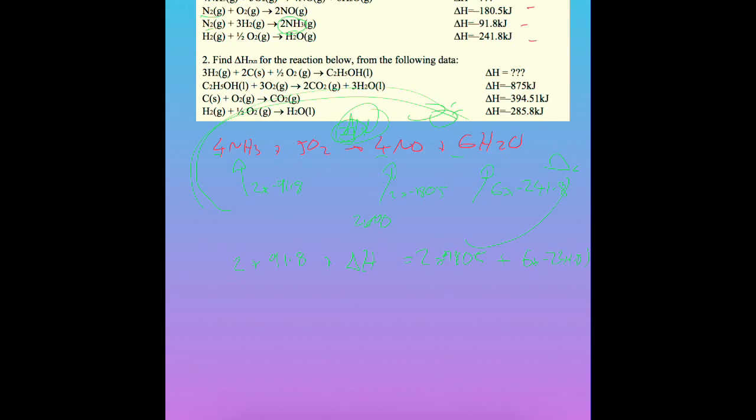Be careful on the rearranging. I make delta H equal to minus 1628.2 kilojoules.